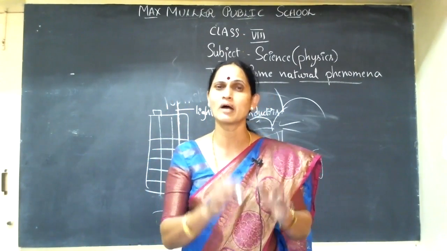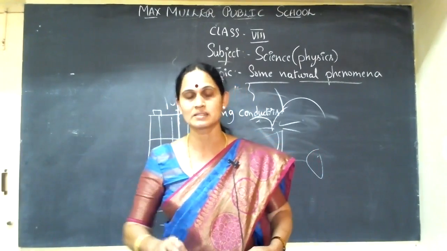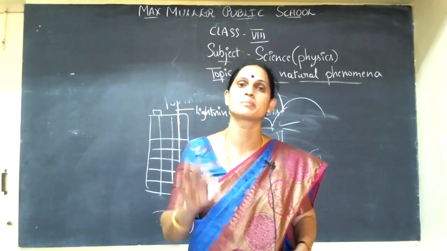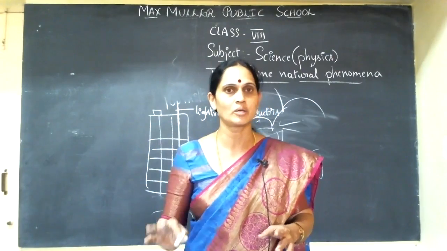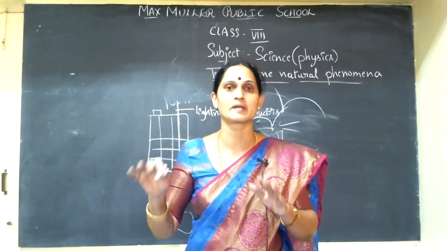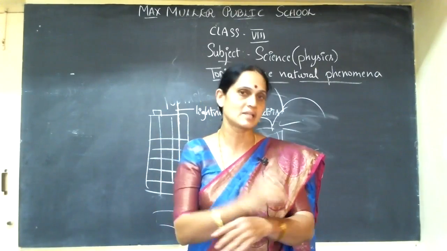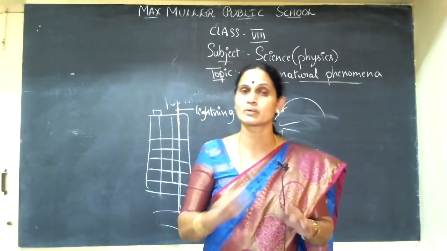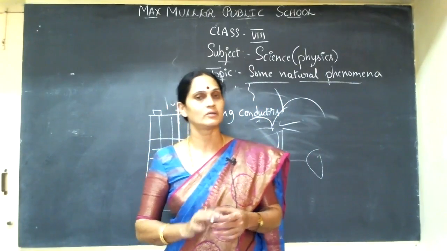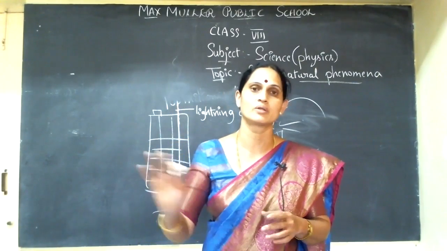We have to safeguard ourselves. Whenever there is lightning, we are not supposed to stand near a tree or a tall building. We have to squat near a short or medium tree, or just squat inside the house. Okay, these are the safety measures outside.